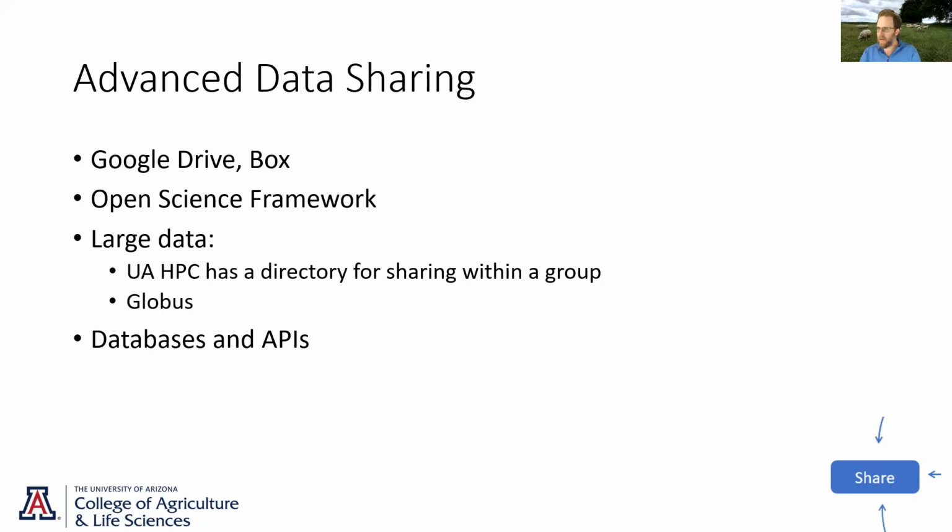You can also collaborate on the same spreadsheet, for example. I'll talk next about the Open Science Framework, which I think is a really powerful tool for organizing work that integrates a lot of different components that we've discussed so far.